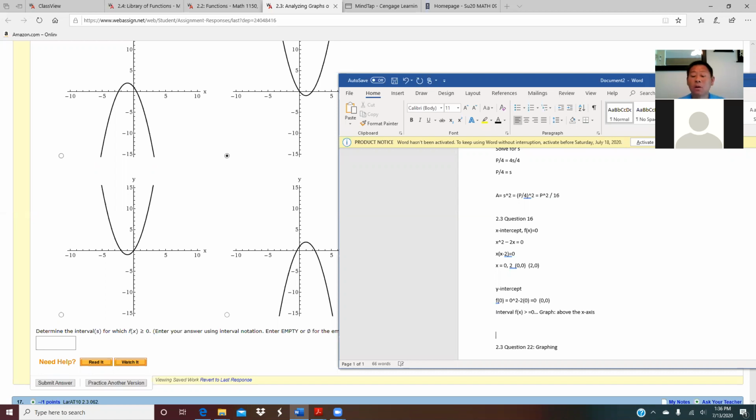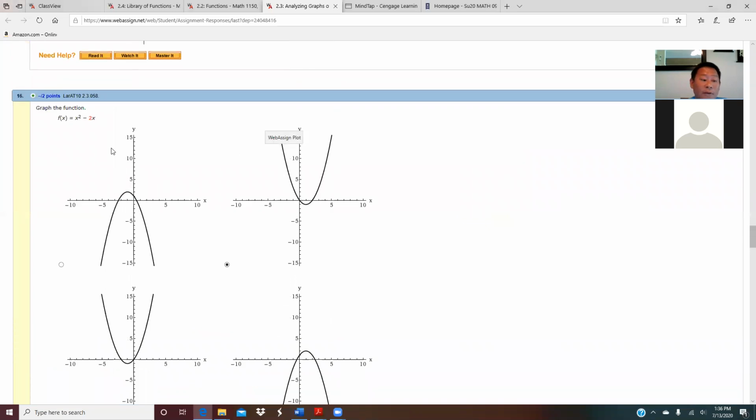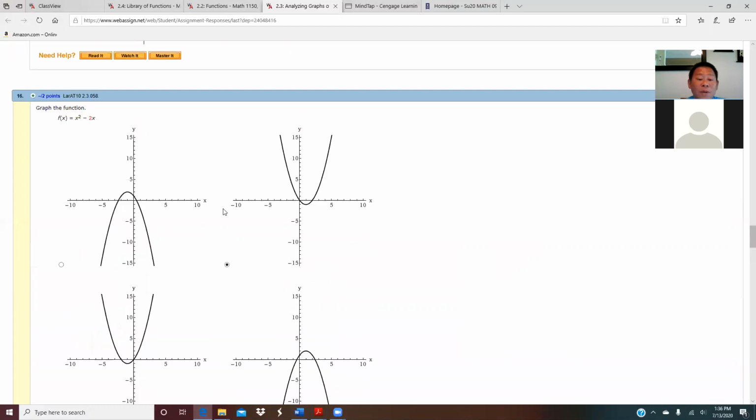This is a graph for this parabola. So if you want to find f(x) greater than or equal to 0, you want to take just the part that is above the x-axis. So above the x-axis is this that I'm shading, and then this.